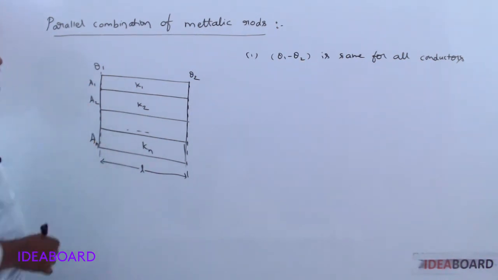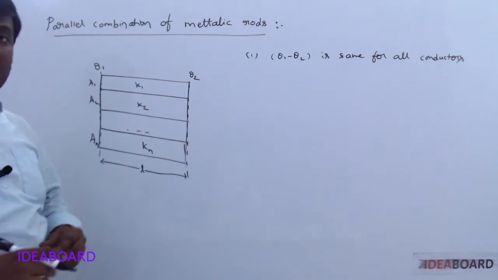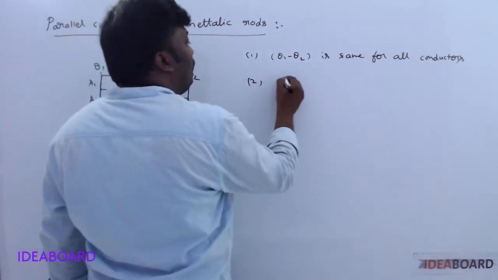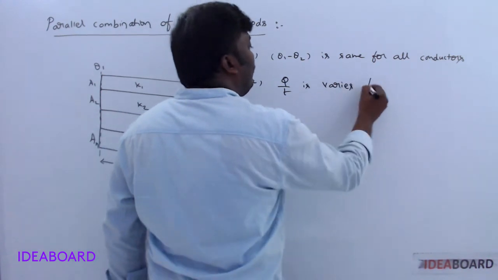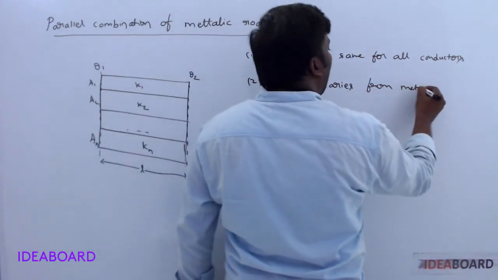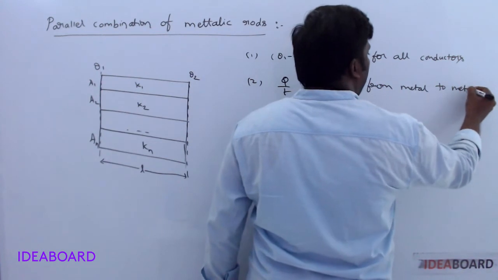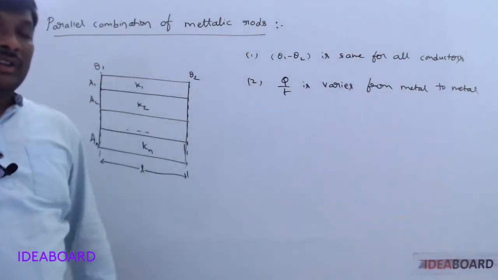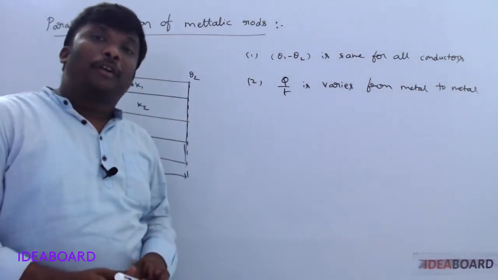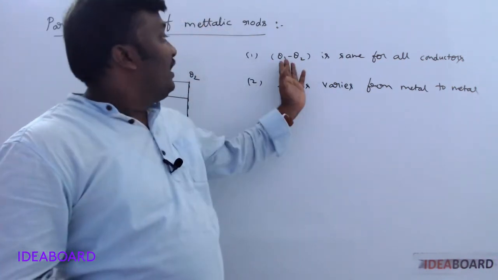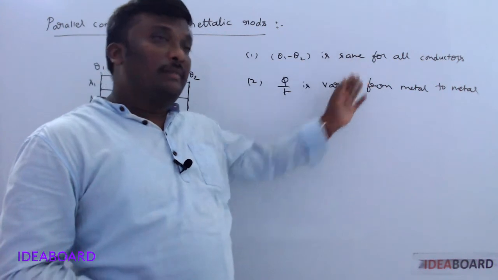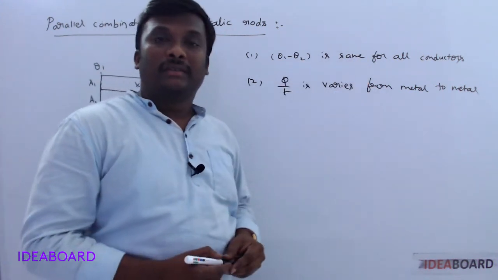So the areas are different, and the materials are different, so Q by T also varies from metal to metal. In parallel combination the potential difference remains constant and the current varies. Similarly here, theta 1 minus theta 2 is the same, but the Q by T value will vary.